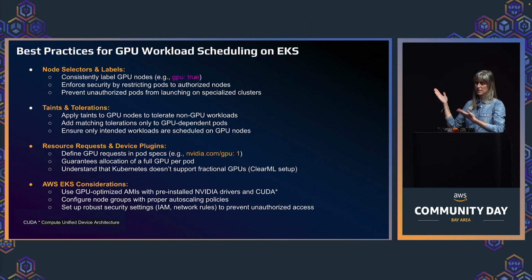In my example, I can put the label GPU true. That means every new node that is spun up, restarted, or auto-scaled will have this label. What it gives me as a DevOps engineer is that on my monitor, I can say for all the nodes labeled GPU, monitor them, check how they're doing, or scale them, things like that.